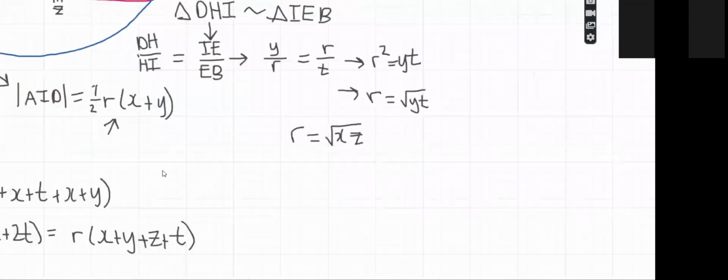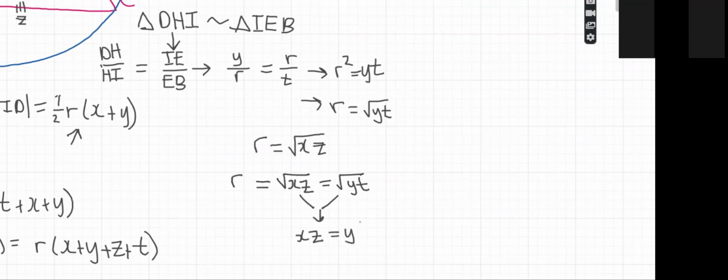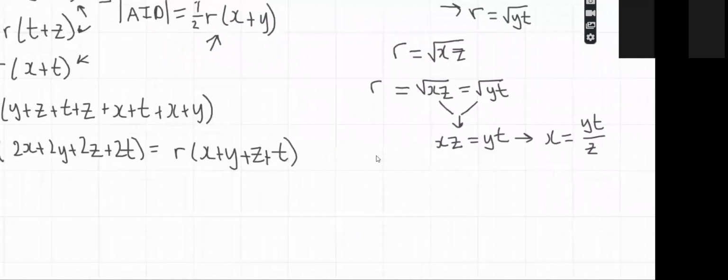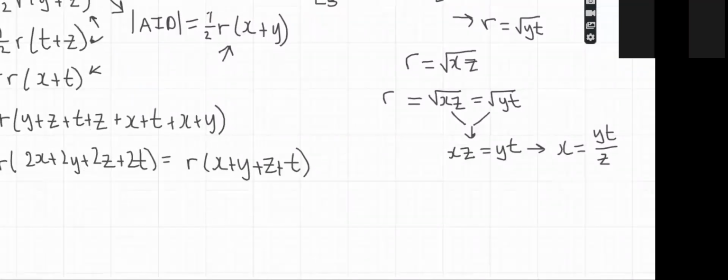Okay, now going back over here, we have the square root of xz and the square root of yt is equal to r. This also means xz is equal to yt. This means x is equal to yt divided by z. So what we can do is replace every instance of x with yt divided by z.